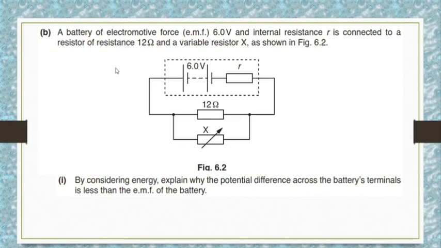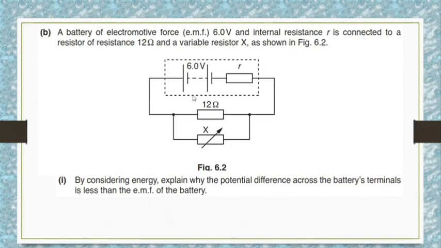B. A battery of EMF 6 volts and internal resistance r is connected to a resistor of resistance 12 ohms and a variable resistor X as shown in this figure. By considering energy, explain why the potential difference across the battery's terminals is less than the EMF of the battery. Of course, because there is internal resistance there.